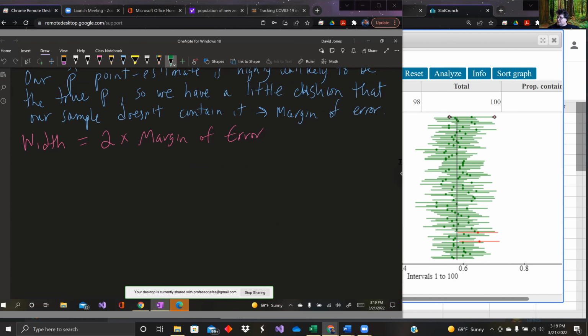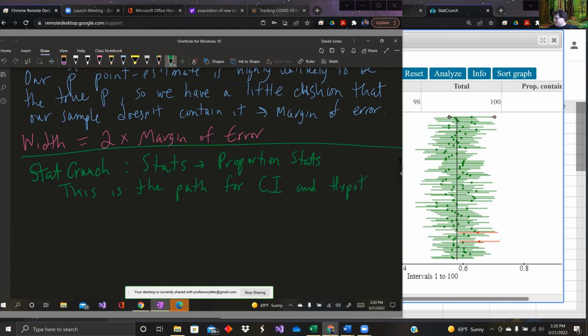So StatCrunch. We're going to go Stat, Proportion Stats. This is the path we're going to take for confidence intervals and hypothesis tests, which we will do after the confidence intervals.